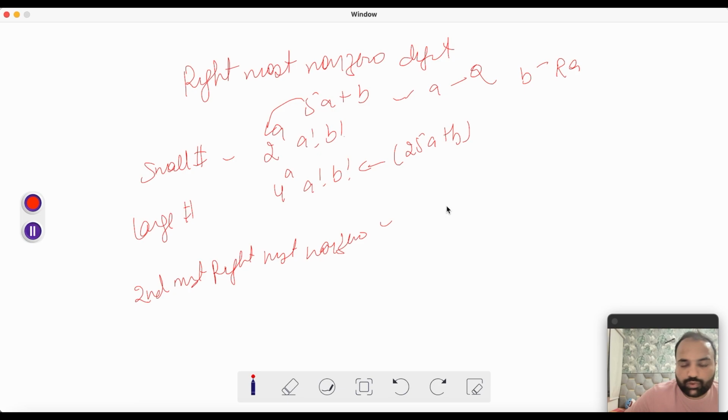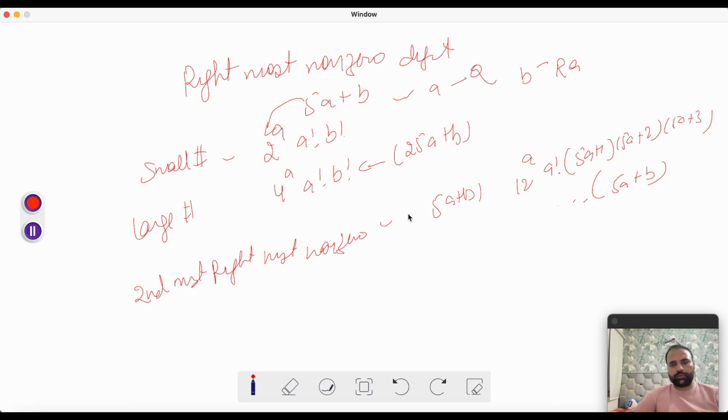And for the second rightmost, what did we do? We do the same, 5a plus b, and then we put it in 12 to the power a factorial, 5a plus 1, 5a plus 2, 5a plus 3, keep going till the time we reach 5a plus b. That's what we learned.